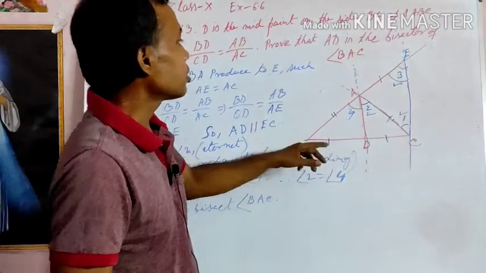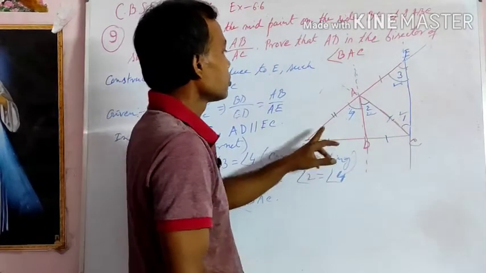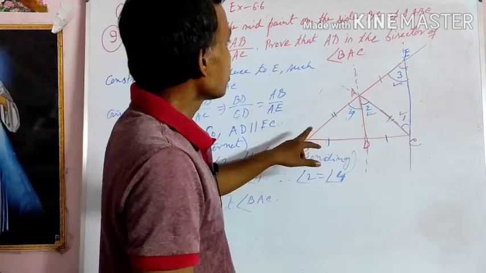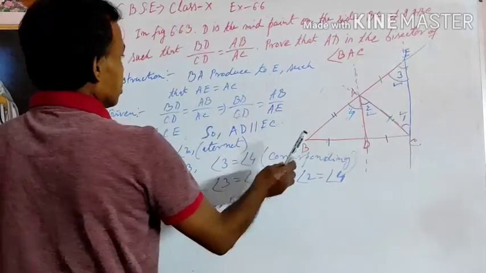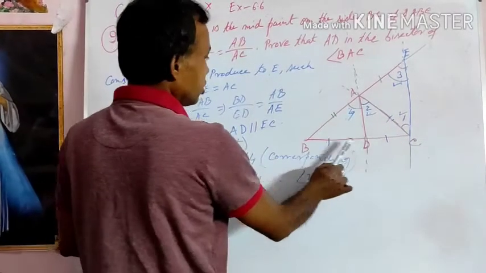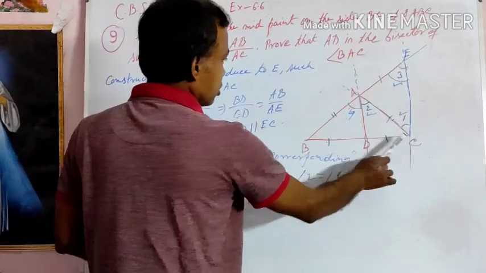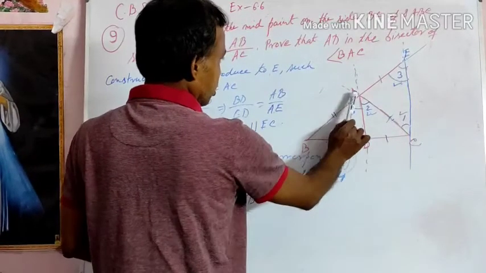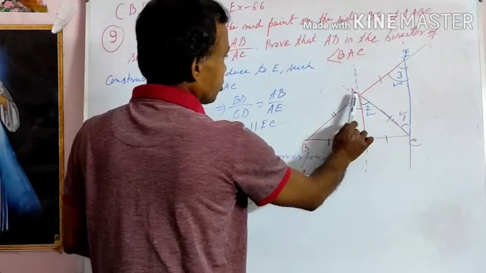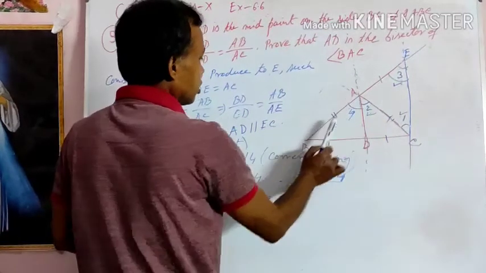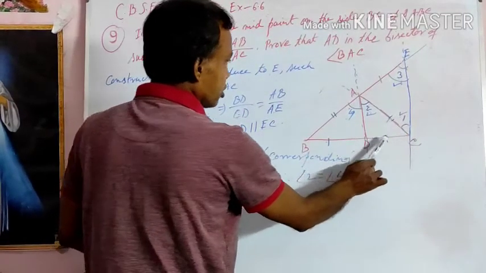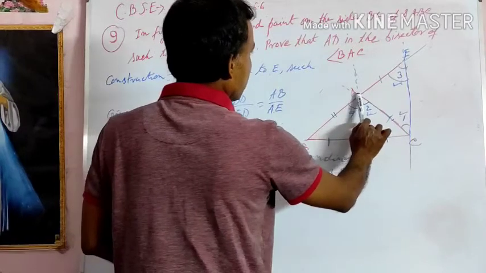Then take the two triangles. Given BD by DC is equal to BA by AC. In place of AC we will write AE, that is BD by DC is equal to BA by AE.